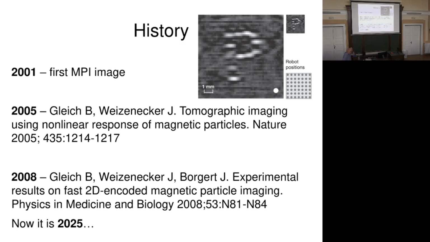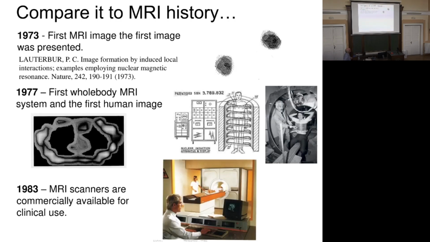2025. If we compare it to MRI, it's quite interesting. First image was presented in 1973. 1977 was the first whole body MRI system presented and the first human image.